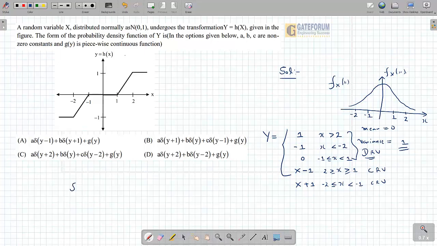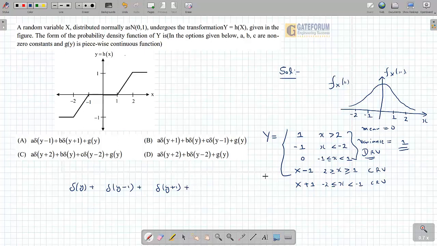So I have something like delta of y, plus delta of y minus 1, plus delta of y plus 1. This corresponds to y equal to 0, this to y equal to 1, and this to y equal to minus 1. So three impulses are there.